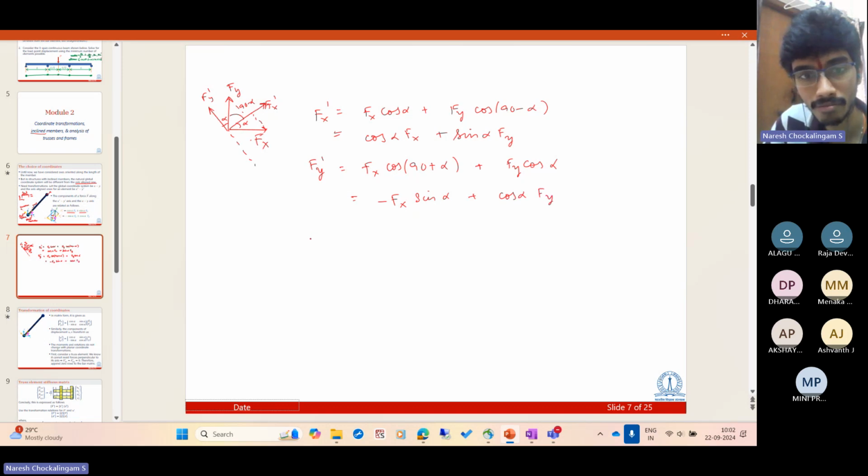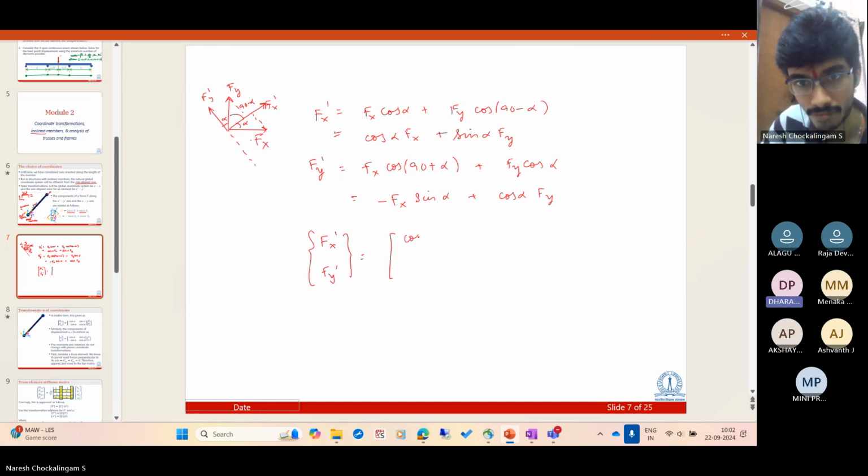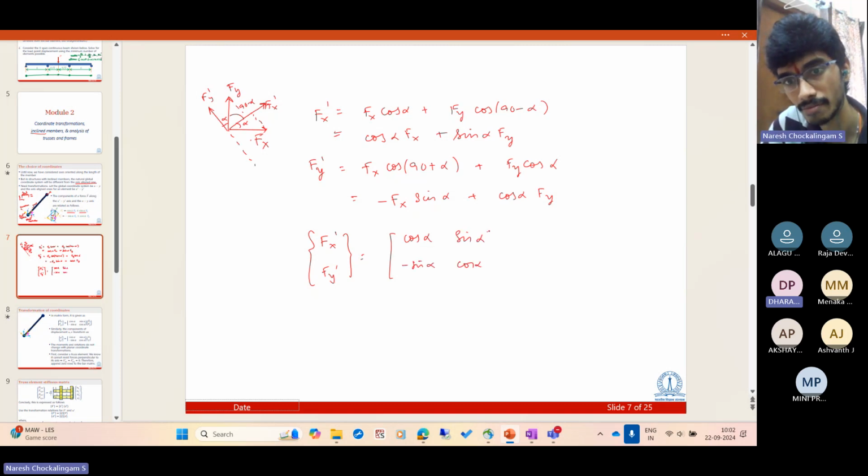How can you represent it in a more concise form? Put fx dash, fy dash as the matrix cos alpha, sin alpha, minus sin alpha, cos alpha, times fx, fy. Perfect. Let us call this transformation matrix Q.